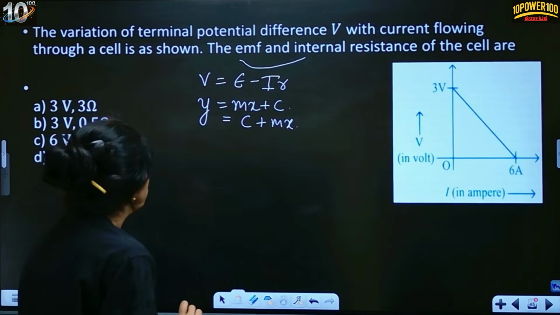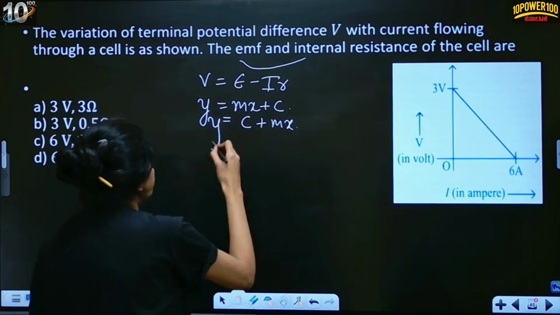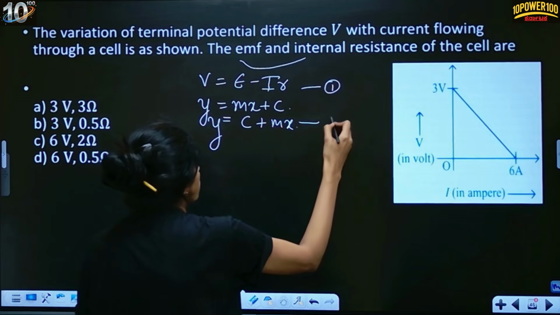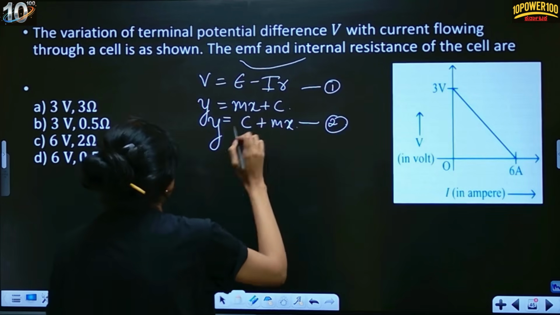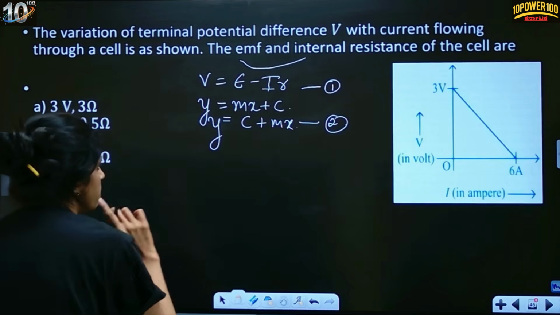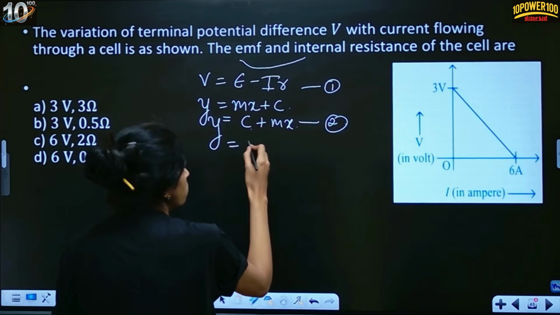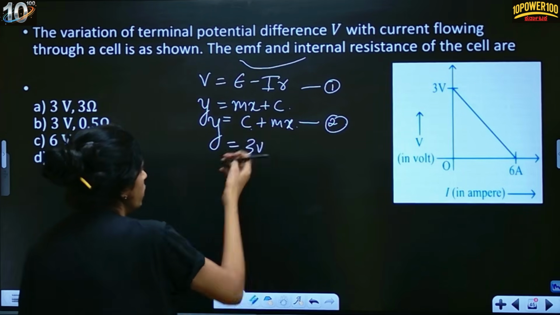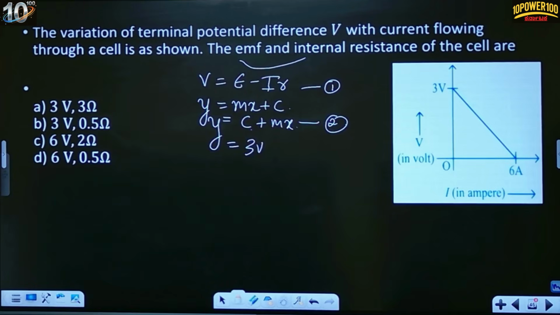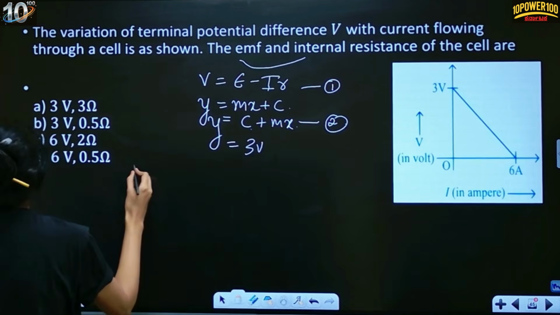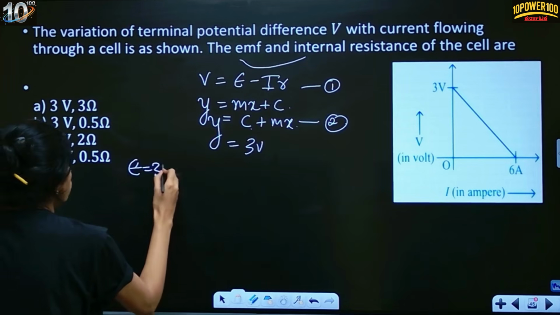So now when you compare these two equations, EMF is nothing but the C intercept. So what's the intercept here? When you compare, intercept is what? 3 volt, guys. So directly you can take EMF as 3 volt.